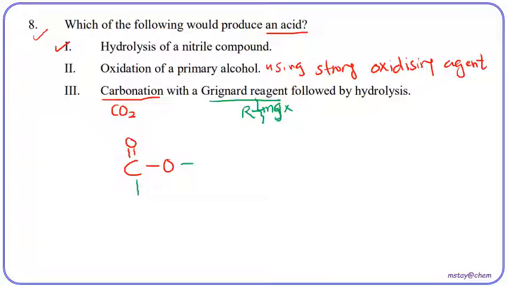One bond will bond to R and the other bond will bond to MgX, followed by hydrolysis. So we will replace the MgX with hydrogen. So option 3 is the answer. Definitely option 2 will also be the answer. So the answer for question number 8 is 1, 2, and 3.